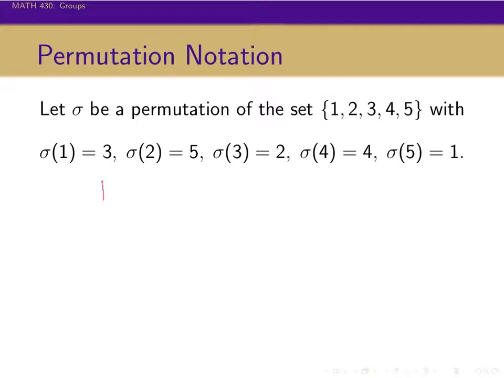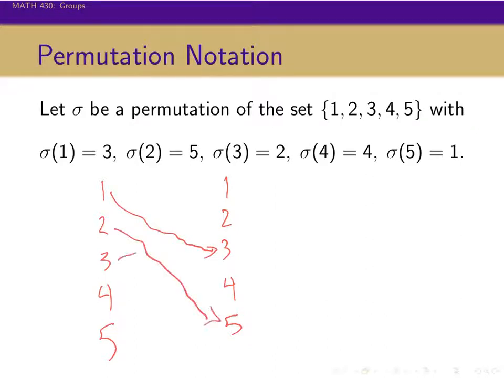And so we could write this out like we had before, drawing arrows where everything is going. 3 is going to 2, 4 is going to itself, 5 is going back to 1. And we can see that, by looking at it this way, it's clearly one-to-one and onto. Everything in the range is getting hit, and it's getting hit exactly once.